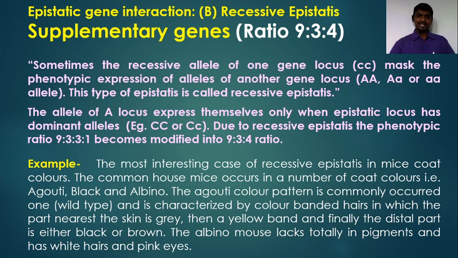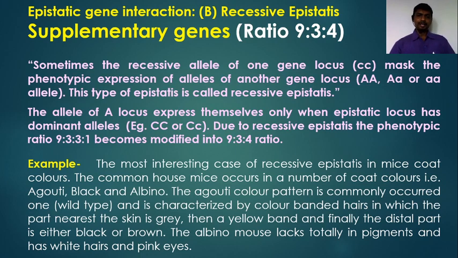So what type of bands are seen in the agouti mice? The part nearest to the skin is grey, then a yellow band, and finally the distal part is either black or brown. If you see the individual hairs of the agouti mice, the part nearest to the skin is grey, next to the grey a yellow band, and finally the distal portion is either black or brown.